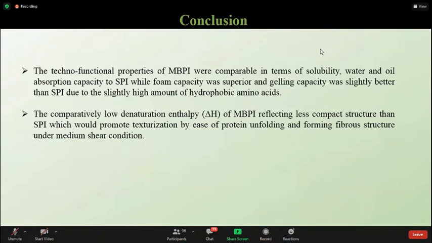As a conclusion, if you look at the mung bean protein isolate in terms of techno-functional properties, they are comparable in terms of solubility, water binding, and so on.